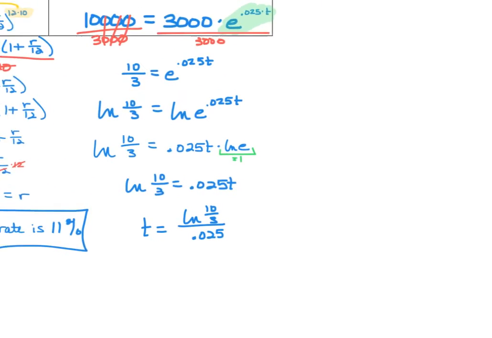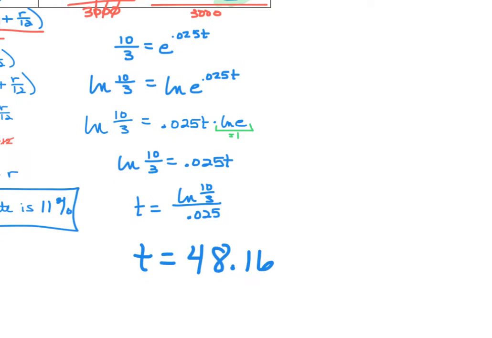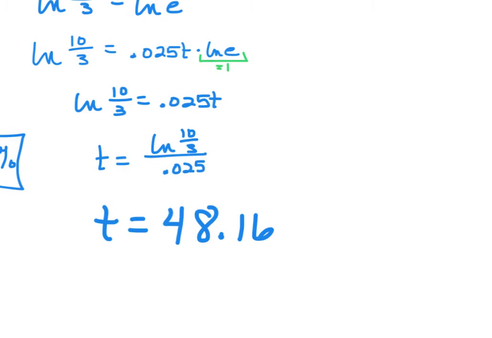Plug all that into Desmos or a graphing calculator, and you should get t is equal to 48.16. So in order to go from $3,000 to $10,000, years, labels, please.